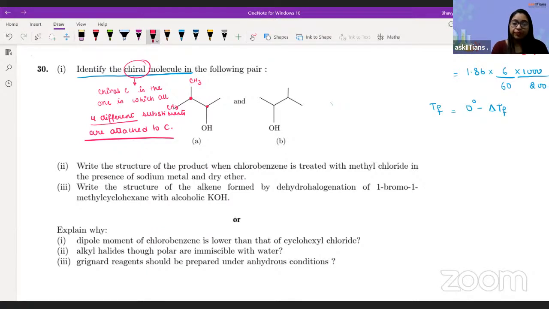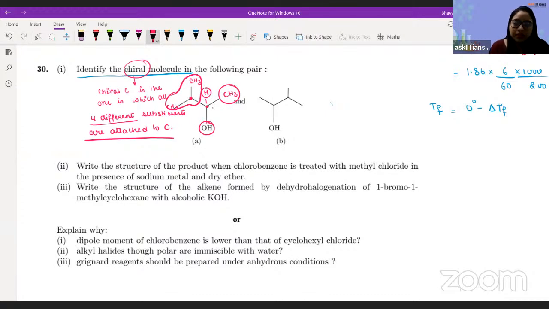I'll move to this carbon. So there is 1 hydrogen. Okay, good thing. 1 part is OH. Good enough. 1 part is CH3. Again, all 3 are different. 1 is hydrogen, 1 is CH3, 1 is OH. And then the 4th part is this entire isopropyl group. So all 4 things which are present on it are different.